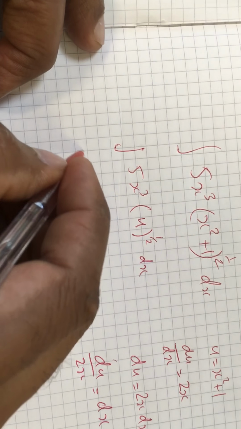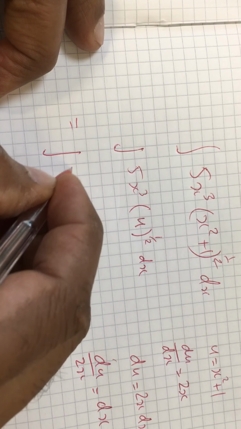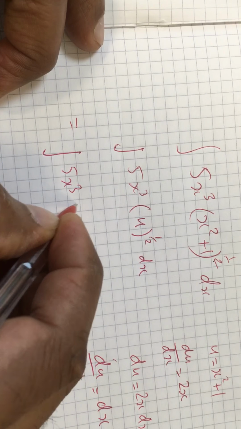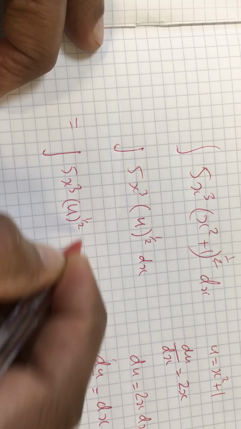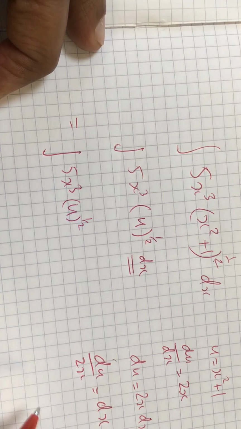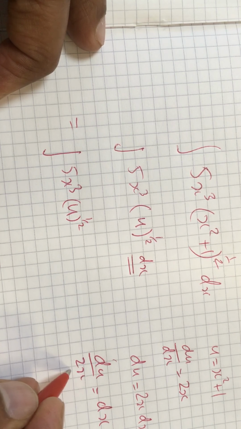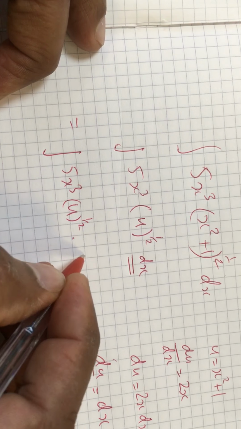So the next thing I'm going to do is the integral of 5x cubed u to the half. Now I'm replacing dx by du over 2x.